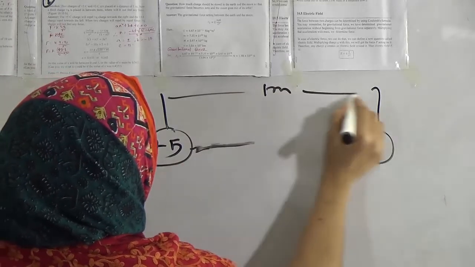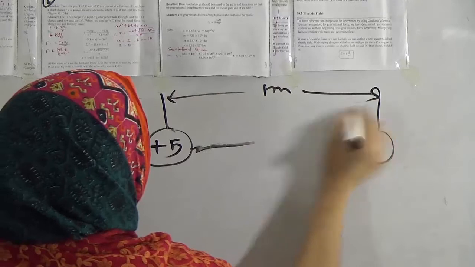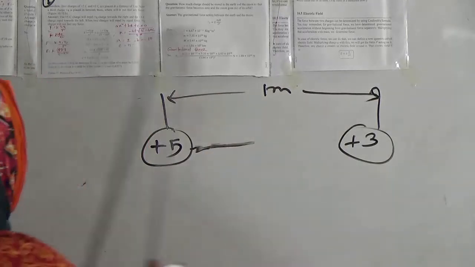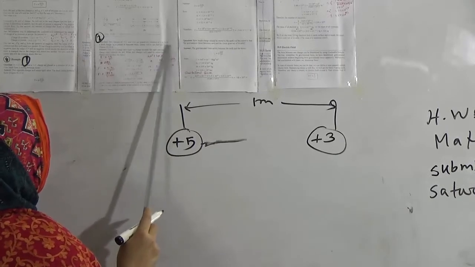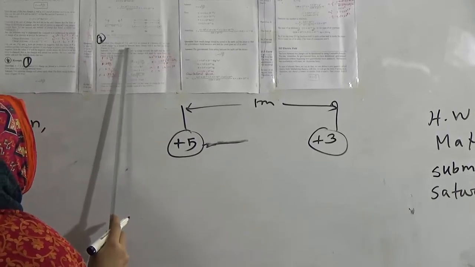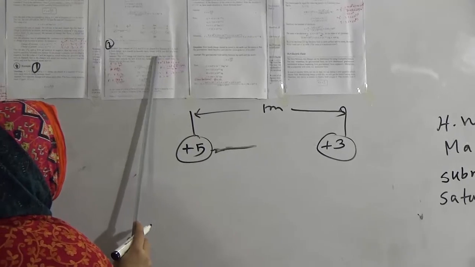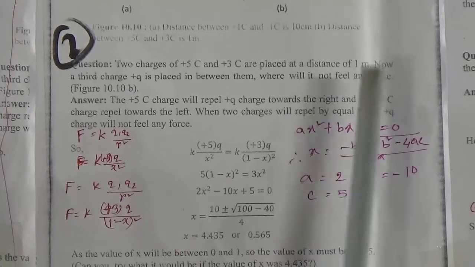According to the question, a third charge plus Q is placed in between them. Where will it not feel any force?